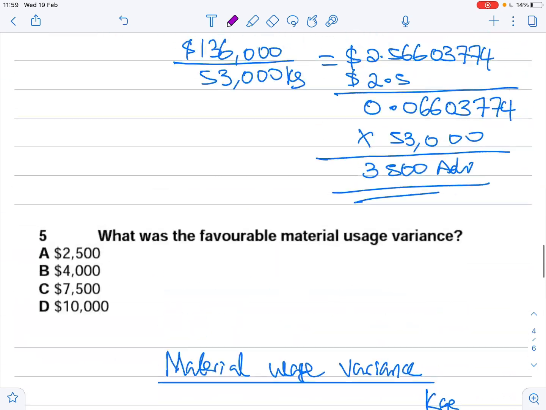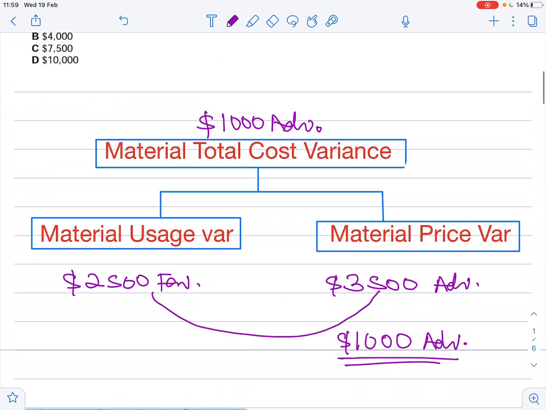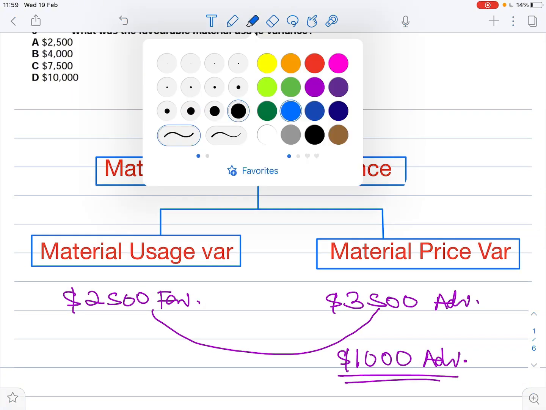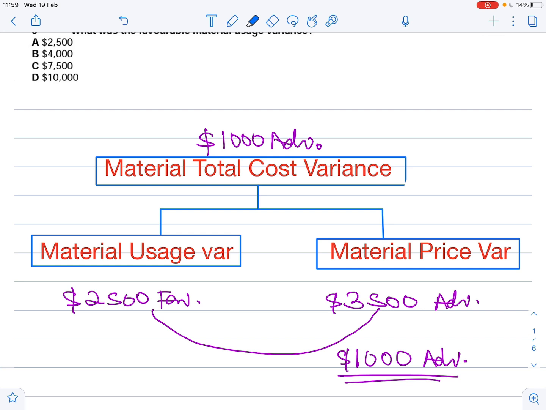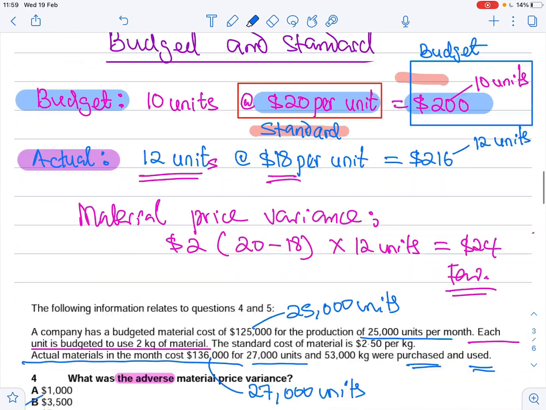That $1,000 adverse is what we got up here by netting off these two. So this and this produced 1,000. So if the requirement says material total cost variance, you don't have to do material usage and material price variance first. So just go straight to the requirement of the question.